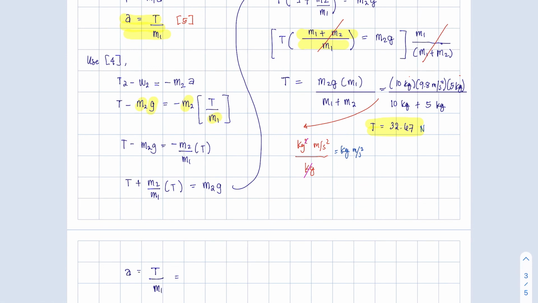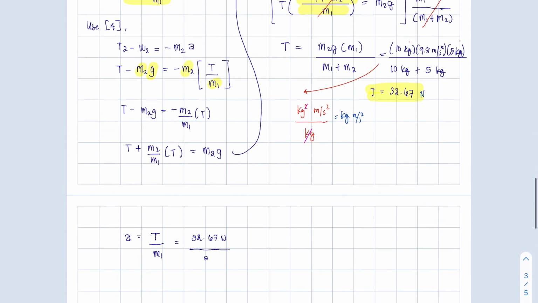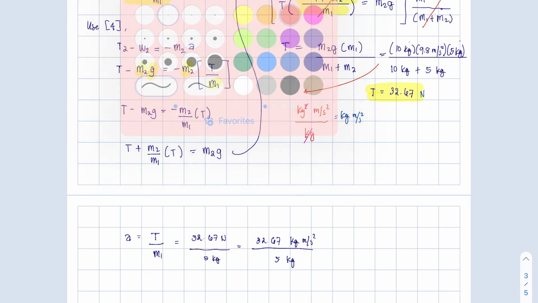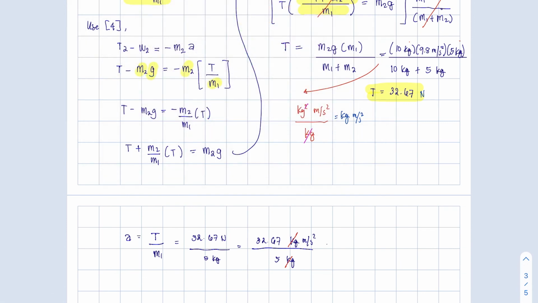And since we have already solved for the tension, which is 32.67 newtons, and you have your mass 1, which is given to be 5 kilograms, I'm just going to write the complete units for this one: kilogram meters per second squared, divided by 5 kilograms. So you see, the kilograms will cancel out, leaving behind the unit of meter per second squared, which is the correct unit for acceleration.